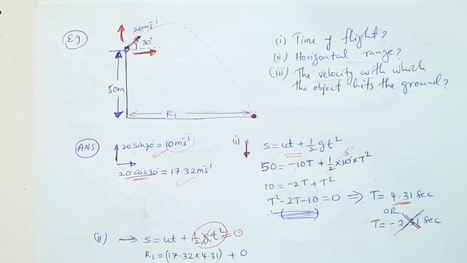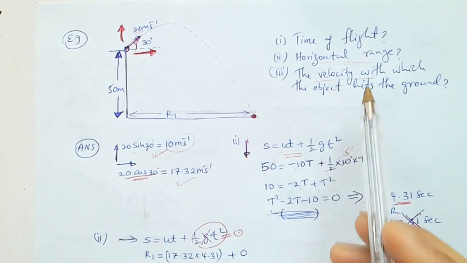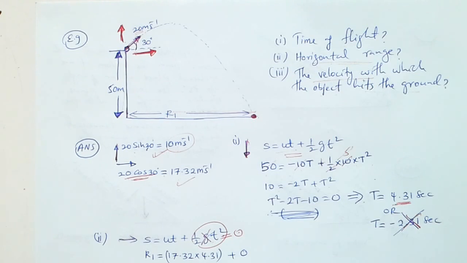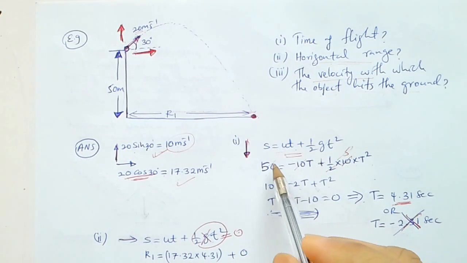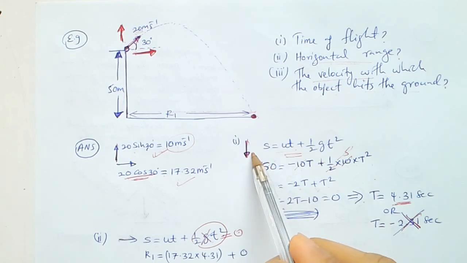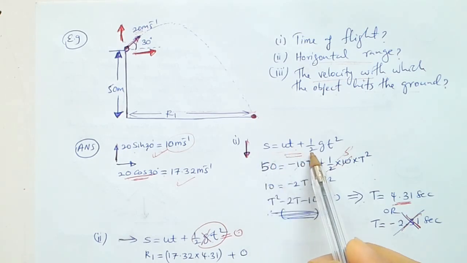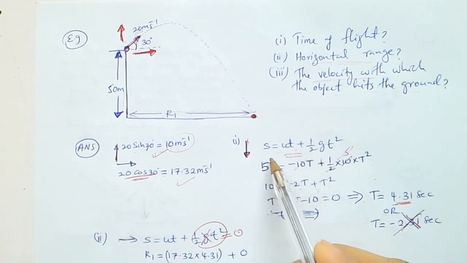Now we will try to find the total time of flight. How do you find it? I'll use s equal to ut plus half gt squared, downward.